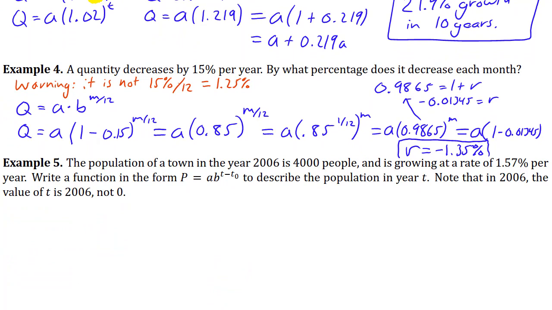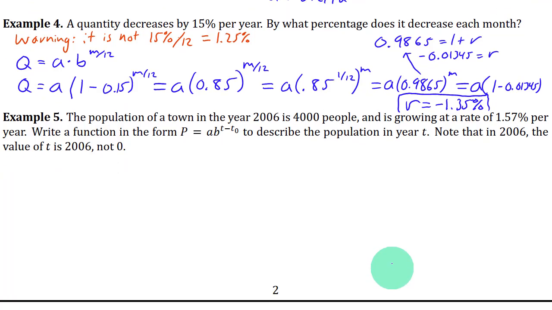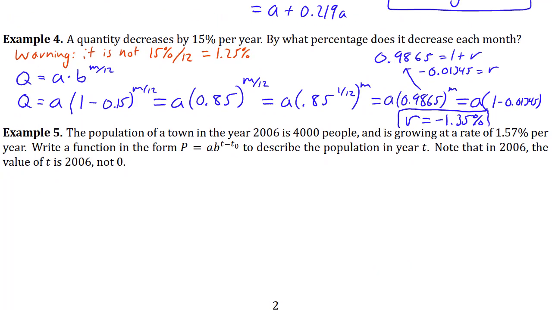The population of this town in the year 2006 is 4,000 people, and it's growing at a rate of 1.57% per year. So let's write this in the form P equals A times B to the power T minus T0 to describe the population in year T. And let's notice that in 2006, the value of T is 2006, not 0, because we're talking about the year 2006.